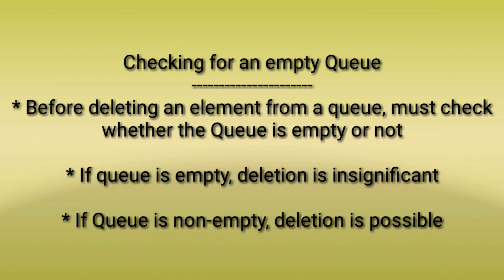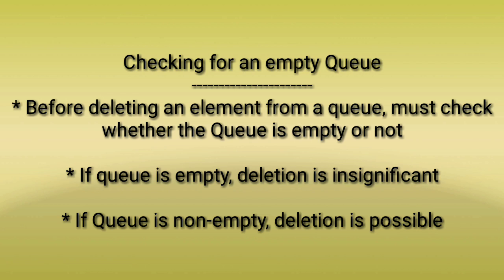If the queue is non-empty, we can remove an element from it using the front end of the queue. If elements are present in a queue, then only deletion is possible at the front end of the queue. We already discussed deletion will take place at the front end.